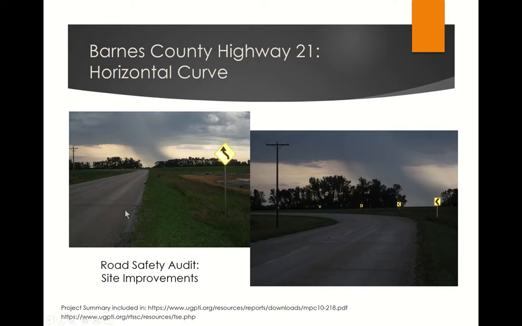They also added this curve warning sign to give drivers a little more of a heads up, since it's a National Scenic Byways, so they get more tourism travel than they would typically.